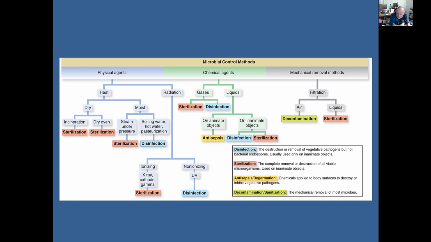Chemical agents, gases and liquids. I've already referred to gases sometimes. A lot of times when I did animal studies, after I did the study where the animals were injected or whatever, we sterilized the room well. We sanitized the room is really the way I looked at it, using various gas bombs and things like that.